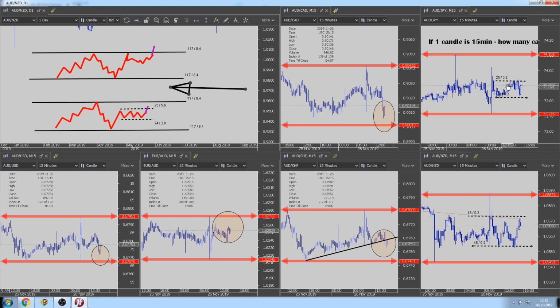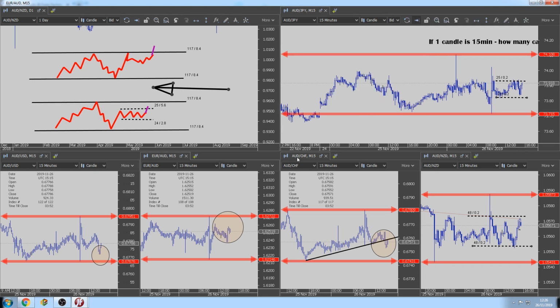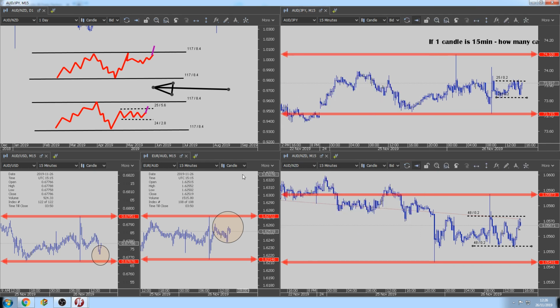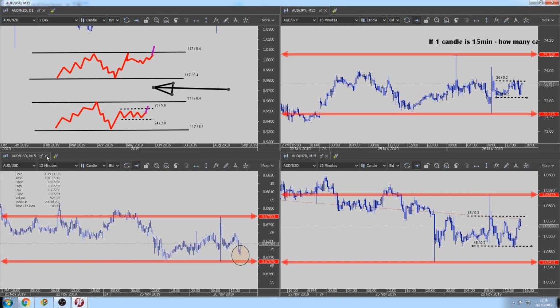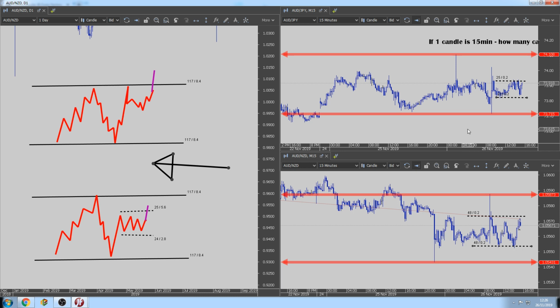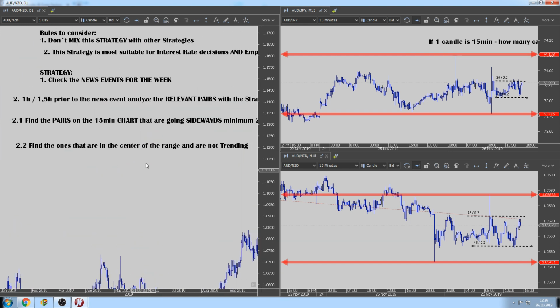If it happens that you don't have those ranges, then you go trade the other ones, but we have more rules. So we are going to cancel AUD CAD, AUD CHF, Euro AUD, and AUD USD. So we have two ranges right now. Okay, and let's move on.